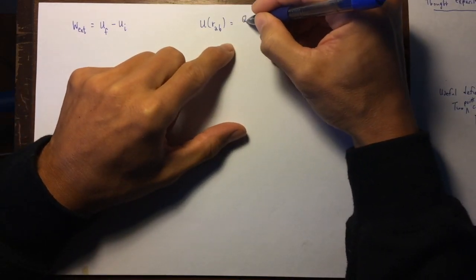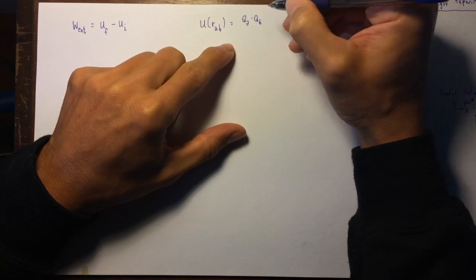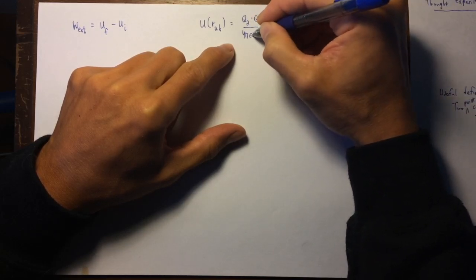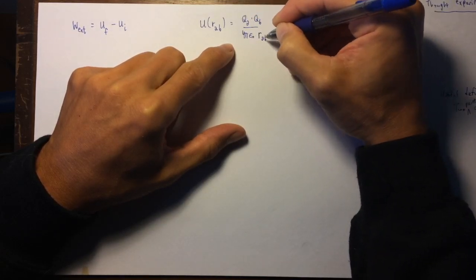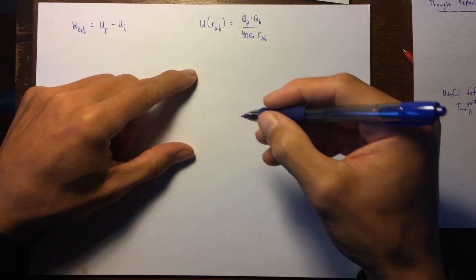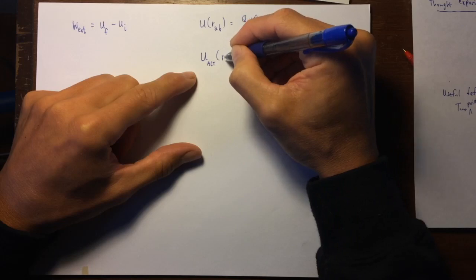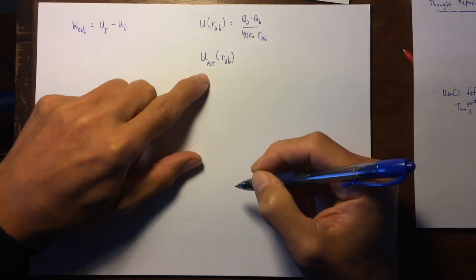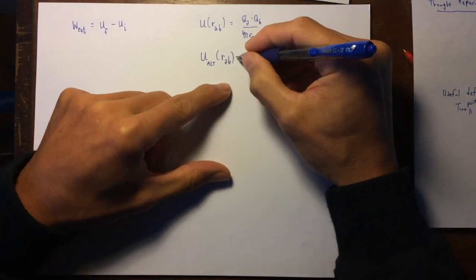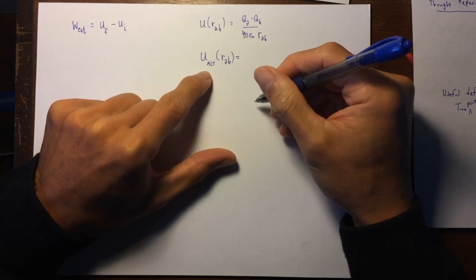It's equal to QA times QB divided by 4 pi epsilon naught RAB, right? Let me try an alternate definition of this potential energy. It's an arbitrary alternate, right?